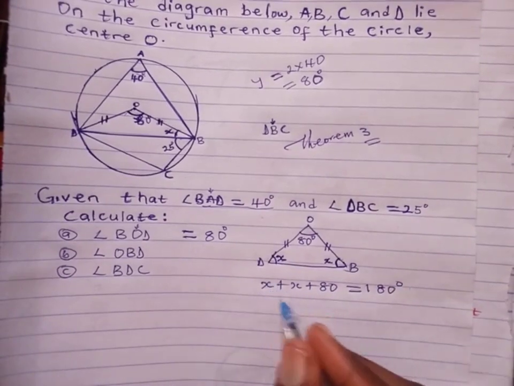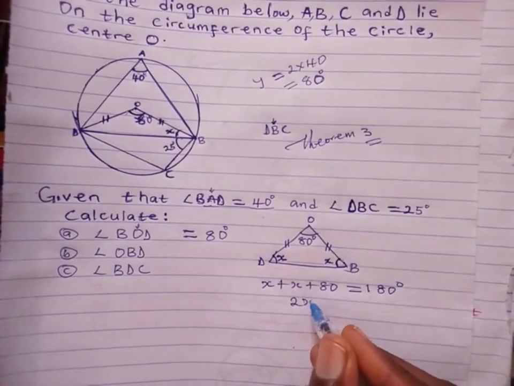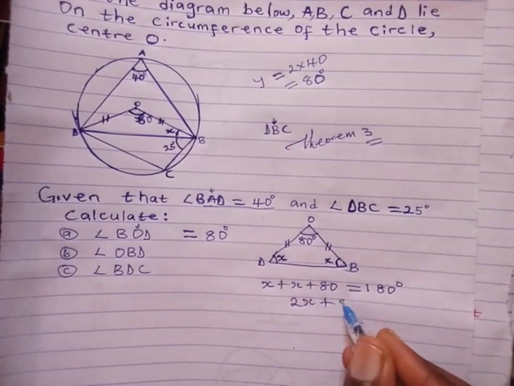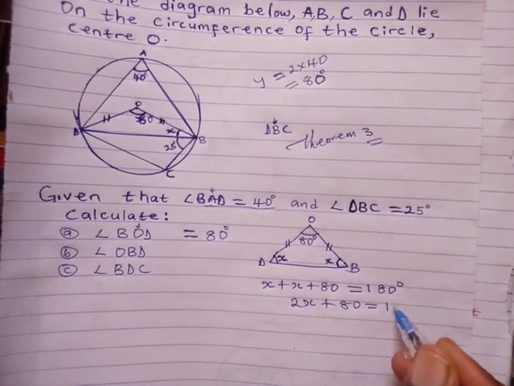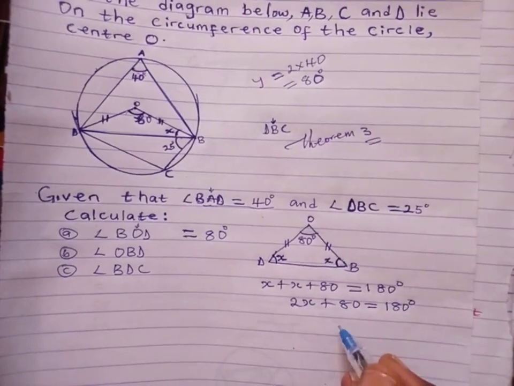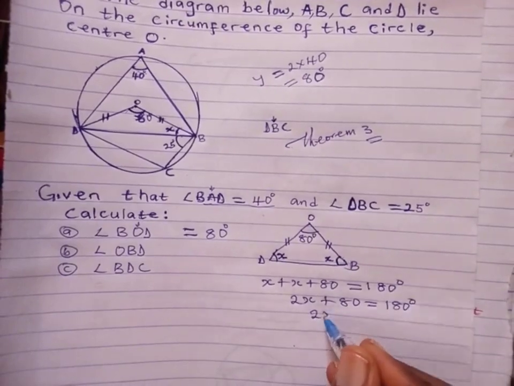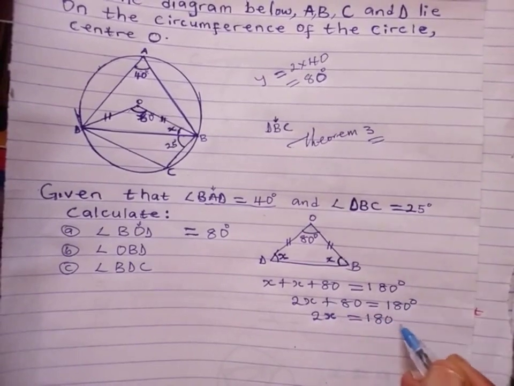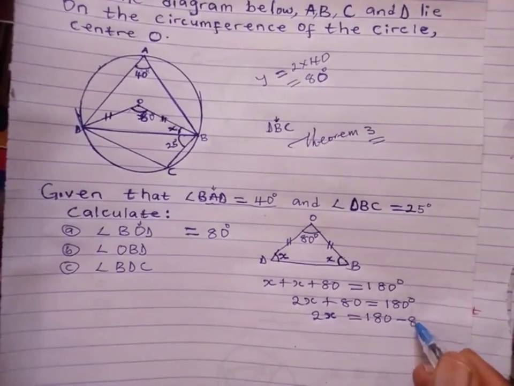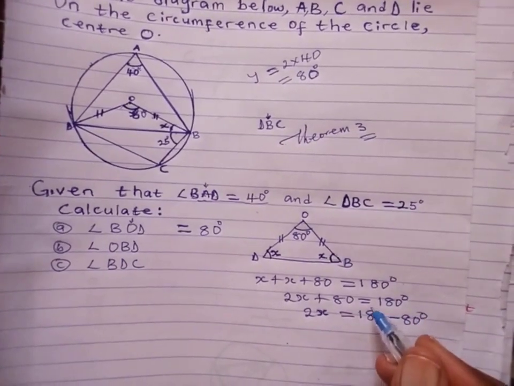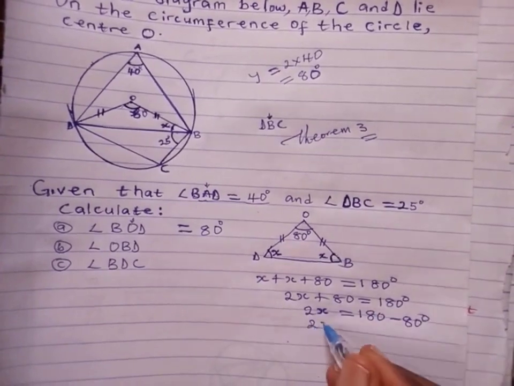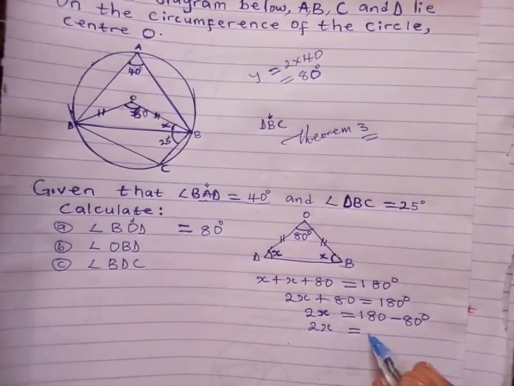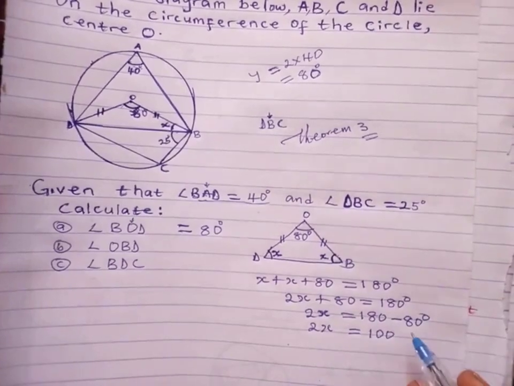Okay, so this X plus X is giving us 2X plus 80 is equal to 180 degrees. So collecting like terms, I have that 2x is equal to 180 minus 80 degrees. So this is giving us that 2x is equal to 100 degrees.